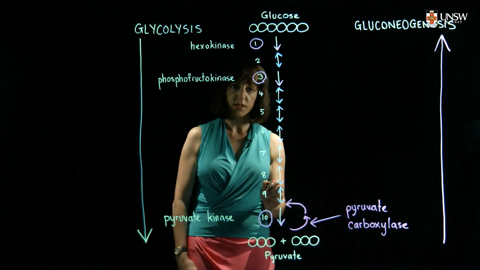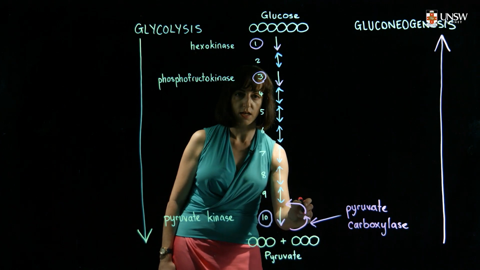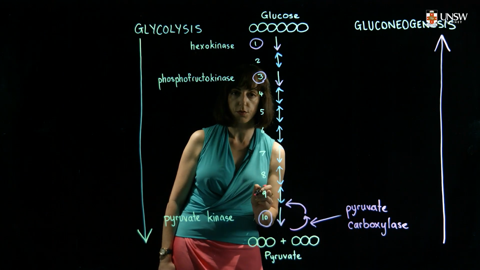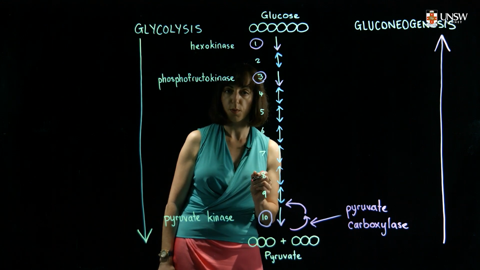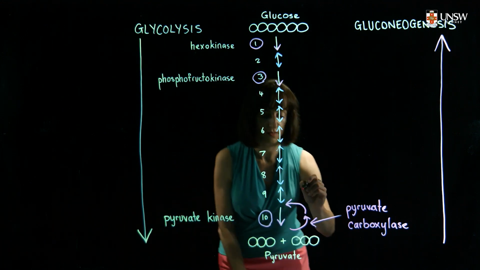In the second step at this bypass, oxaloacetate is converted into phosphoenol pyruvate, and the enzyme that does that is called phosphoenol pyruvate carboxykinase.